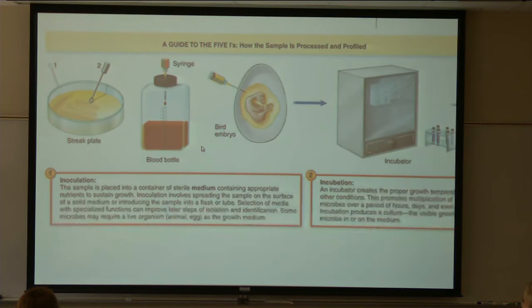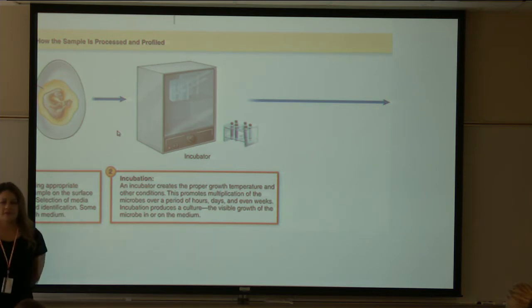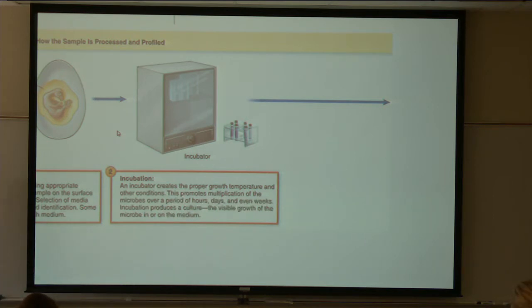The next I term is going to be incubation. Incubation is where we actually grow the bacteria. This is where we grow the microorganisms. So we have to allow this newly made culture to incubate. After you perform that inoculation, you need to have that bacteria incubate.